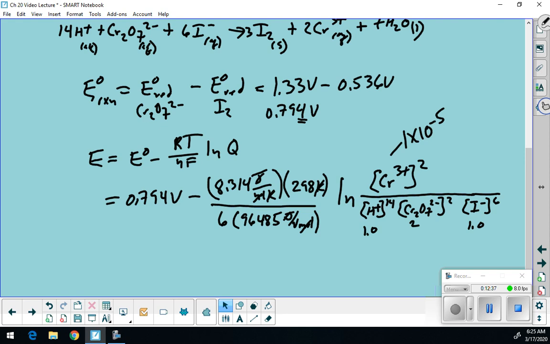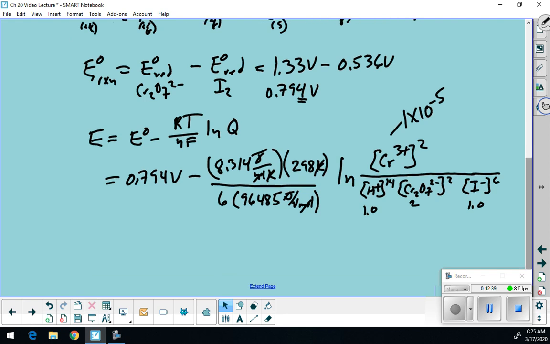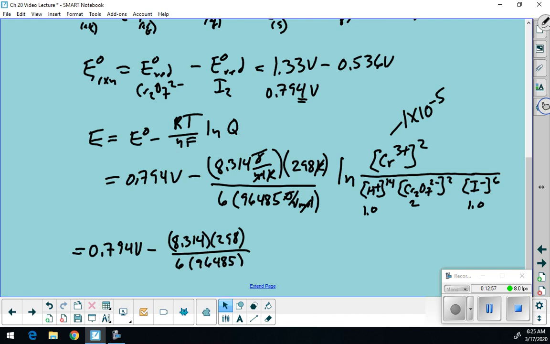Let's write it all out so I don't make any mistakes, because you all know I'm challenged sometimes on that. 0.794 volts minus 8.314 times 298 divided by 6 times 96485 times the natural log of 1.0 times 10 to the minus 5th squared over 1.0 to the 14th, which is 1, times 2.0 squared times 1.0 to the 6th.